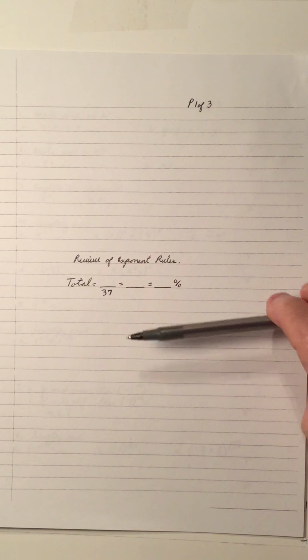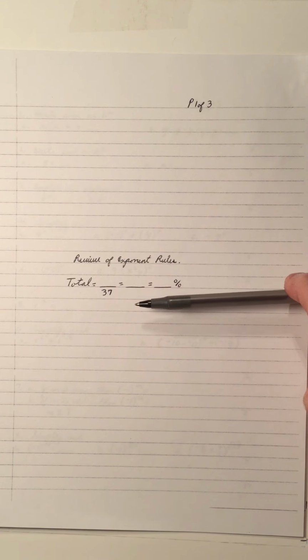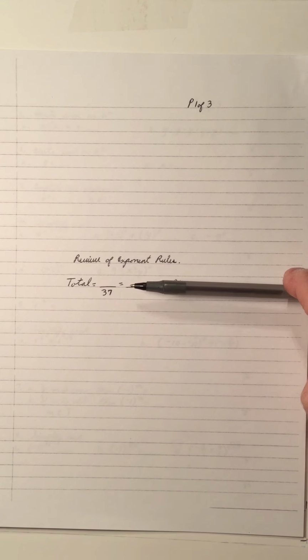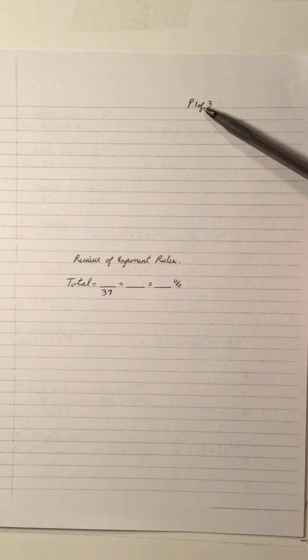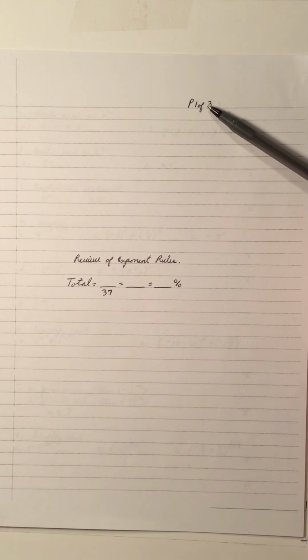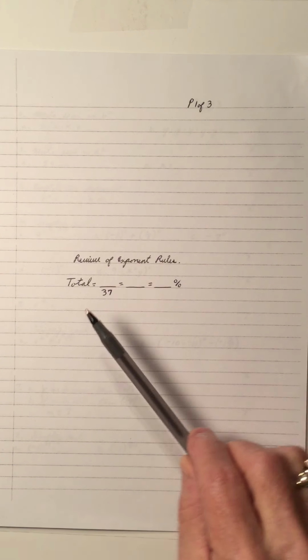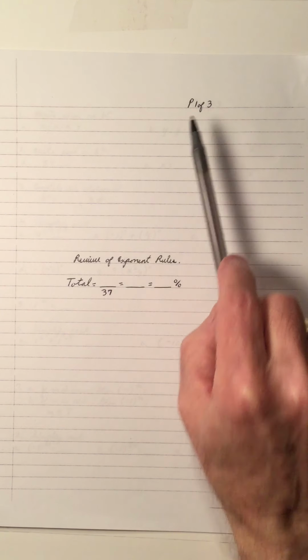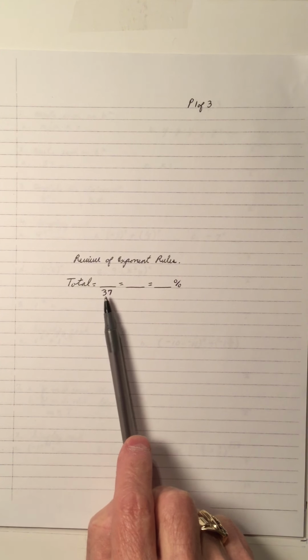If you wish to treat this review as a quiz or an assignment and you want to mark it, then find 3 blank pages. This is page 1 of 3, so you need 2 of 3 and 3 of 3 to do your answers on. And you can also, on this page, write down the total equals.